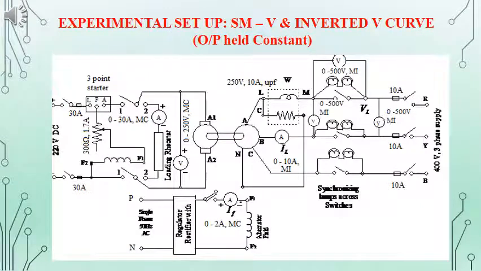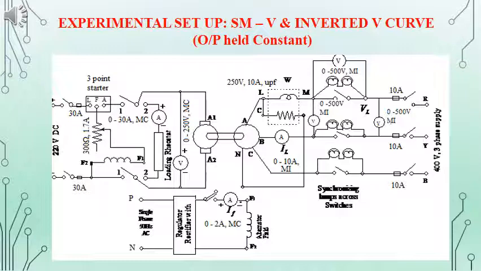Here we have the experimental setup to plot the V and inverted V curves in the case of a synchronous motor. On the left side we have a DC machine, which is initially operated as a motor and later operated as a generator.